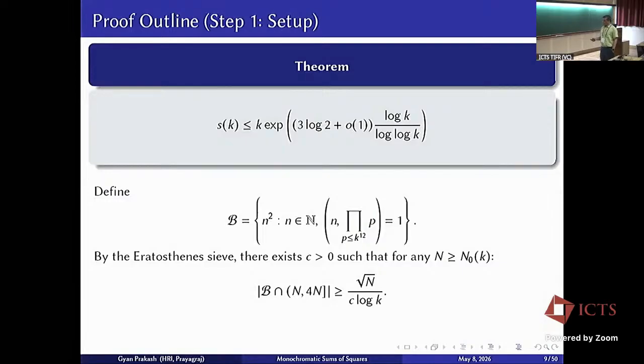And why this condition is there, we will come to see later, that we need that condition. So I'll write Bn to be B intersection n to 4n.